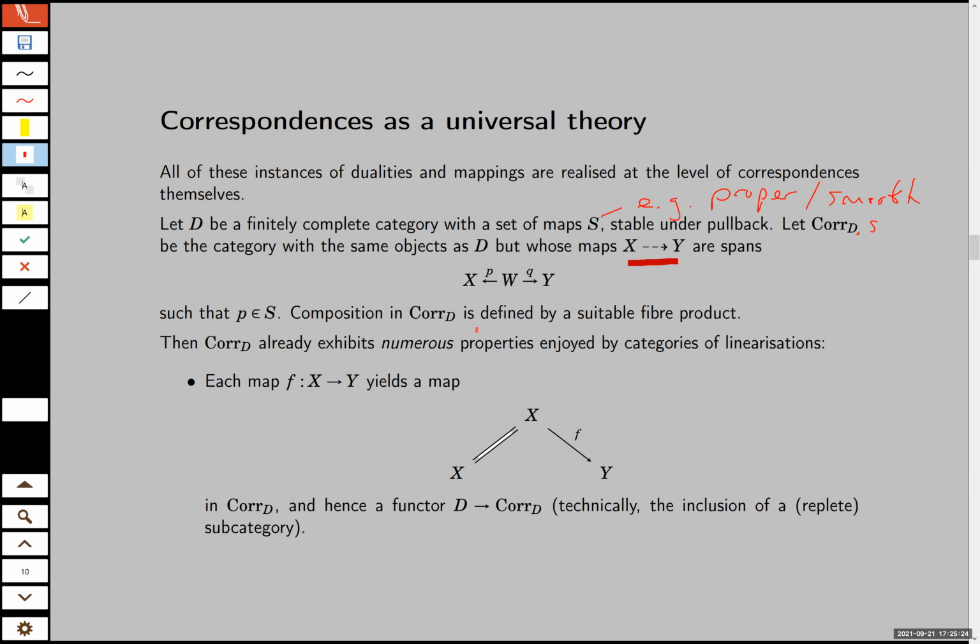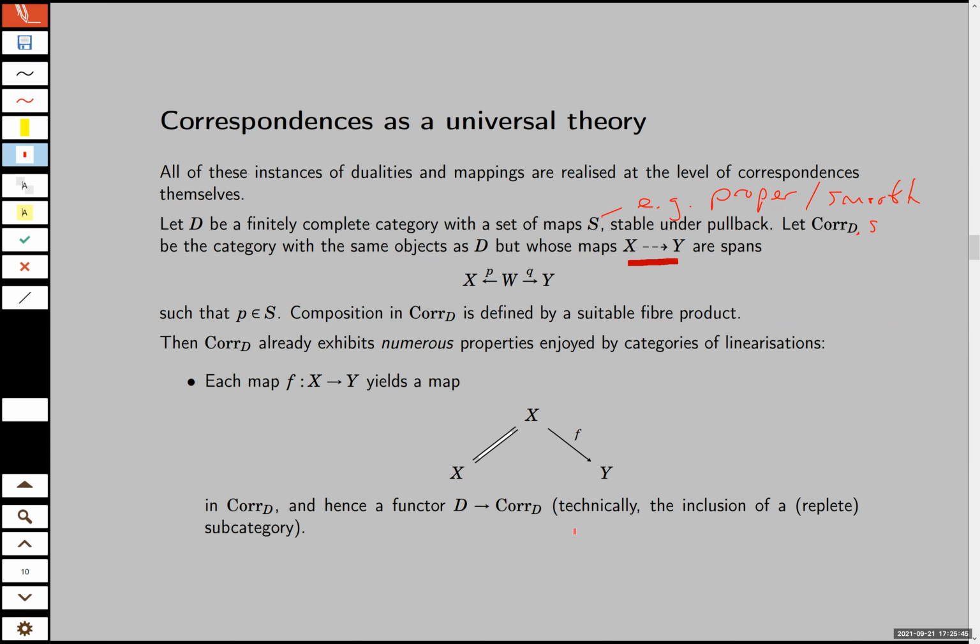So the first most obvious thing that you have is a functor from D, where you just have the identity for the backward map. The assumption would be that S contains all isomorphisms. So certainly this is in the category, and this defines a functor from D to correspondences of D. It's not fully faithful because, of course, you have new maps.